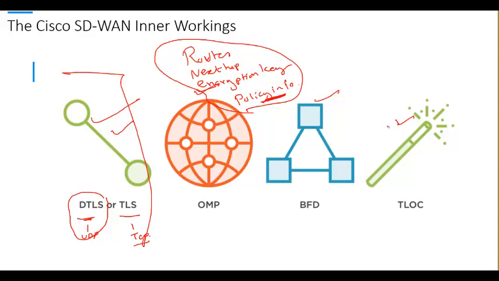SD-WAN TLOC takes care of all the outer header. That is the actual inner technical explanation I should give for this. TLOC takes care of the bridging between the overlay and underlay. I will simply say I just want to reach that TLOC, meaning that tunnel IP. It's just an additional header.